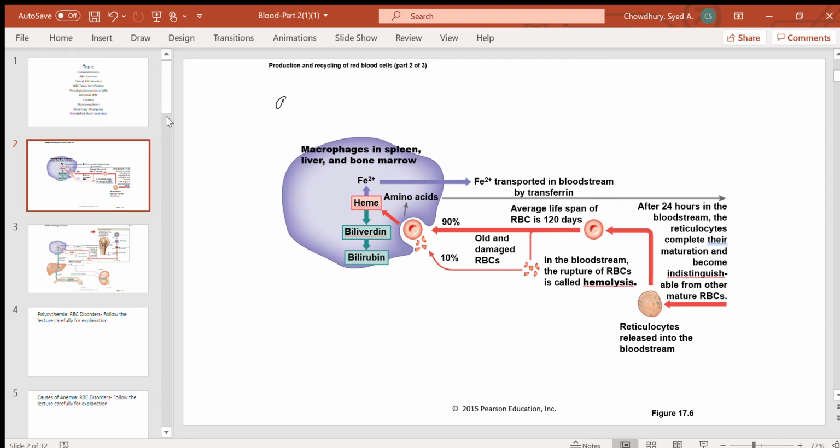You must remember that lifespan of a red blood cell is between 90 to 120 days, and after that lifespan the red blood cells get very weak, the cell membranes get fragile, and most of the red blood cells are destroyed in the liver and the spleen.